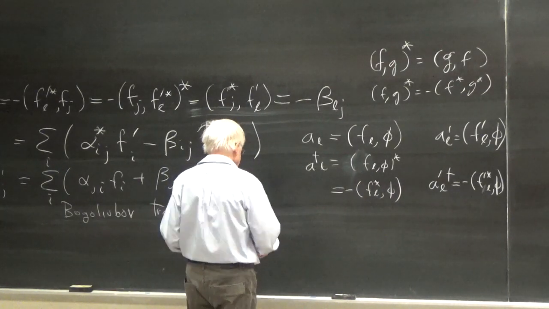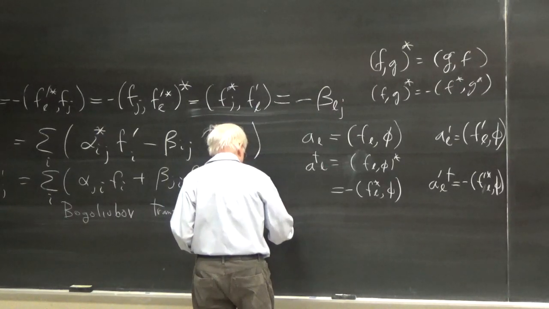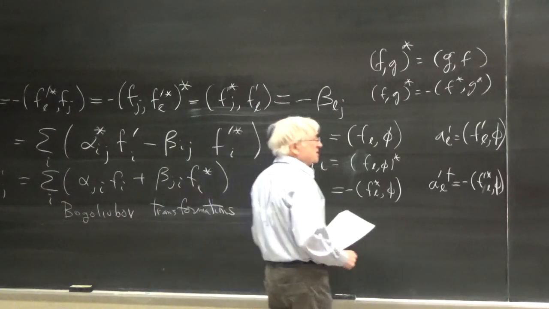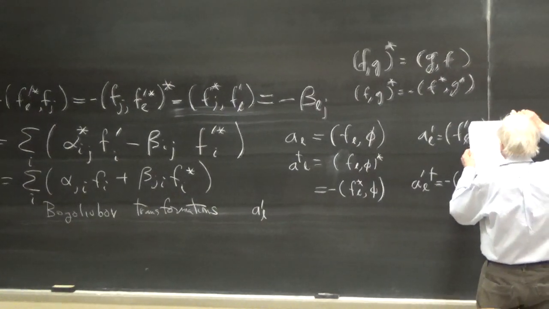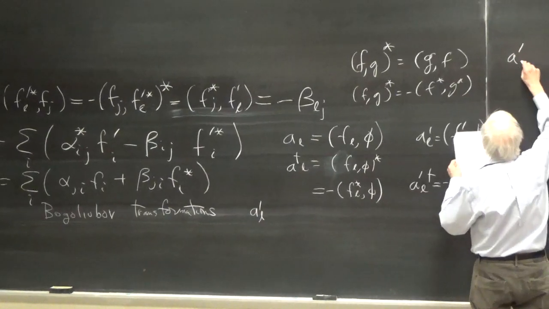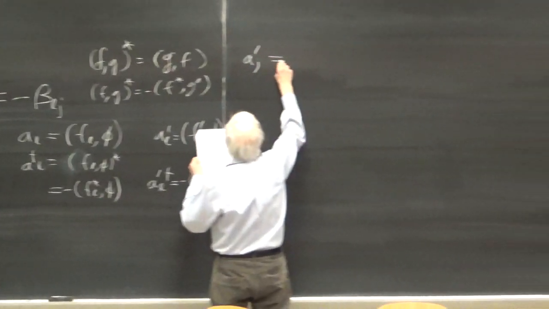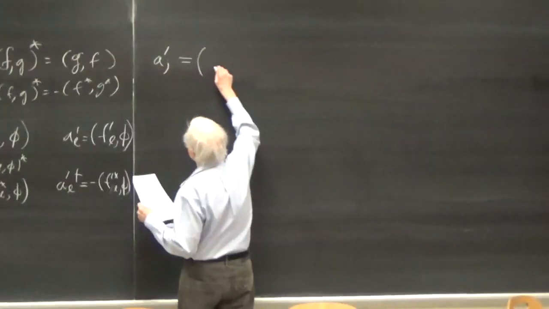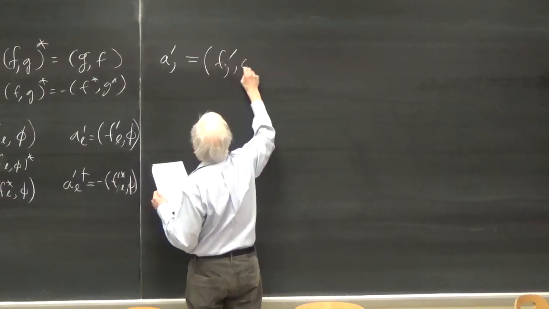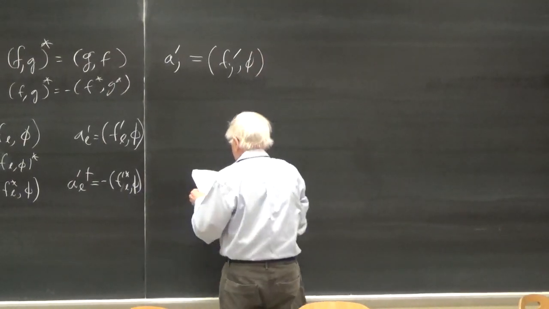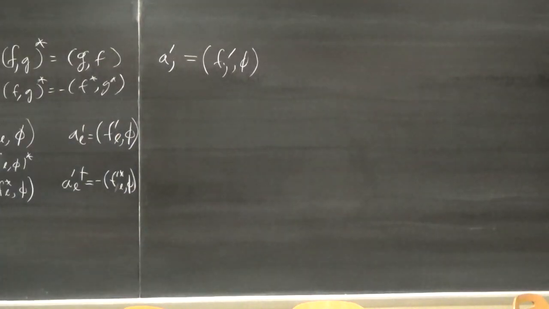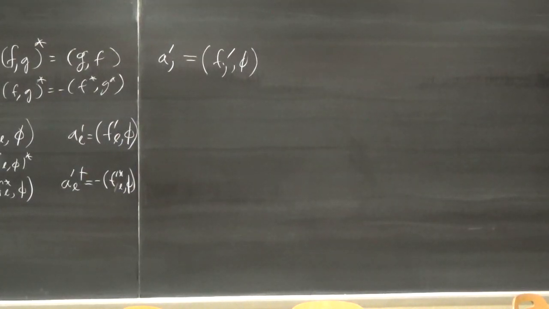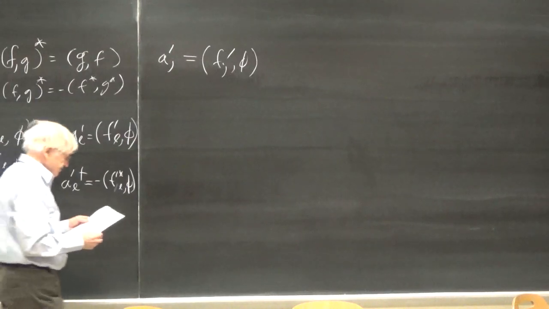So in particular, let's look for A prime J. That's this thing. So that would be F J prime with the field. But now I'm going to express the field in terms of the unprimed creation and annihilation operators.